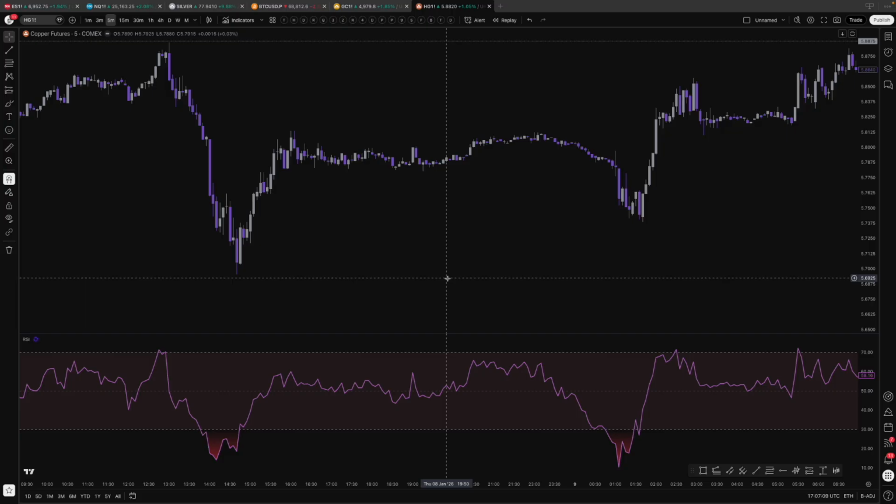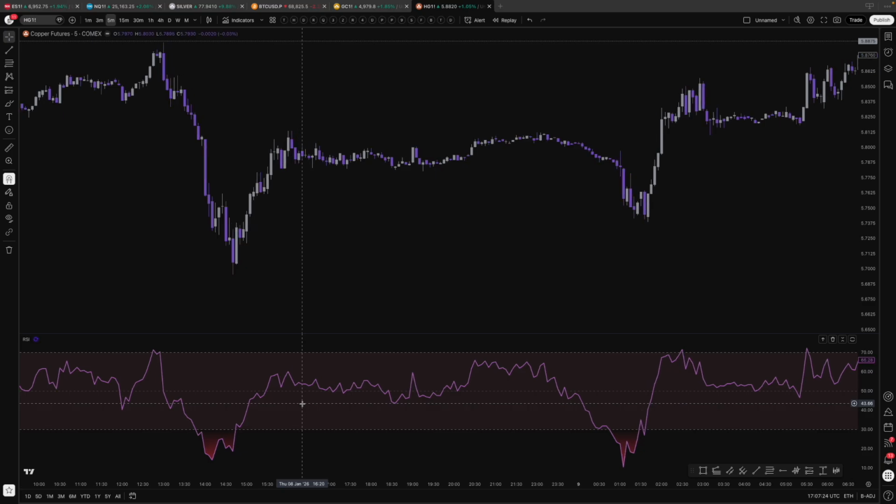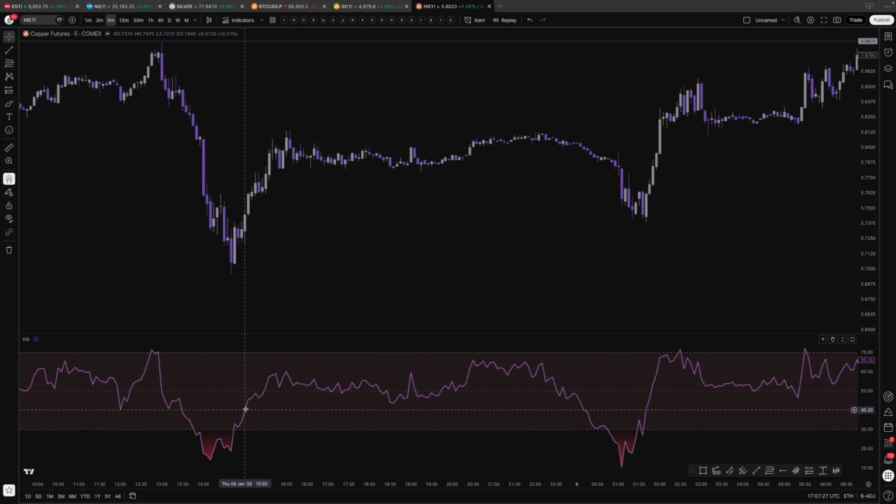So both concepts that we've gone over so far, the oversold and overbought, and also the divergences, a lot of people don't really like to use that. A lot of more experienced traders will instead look at the RSI strictly as a momentum indicator. What they're looking for is, can it get above the midway point?